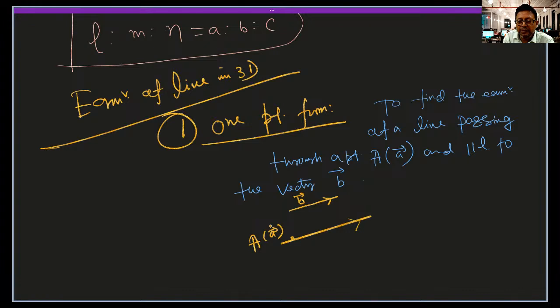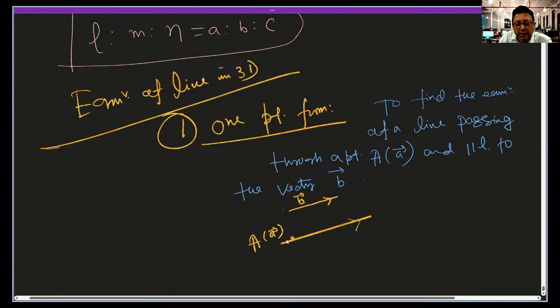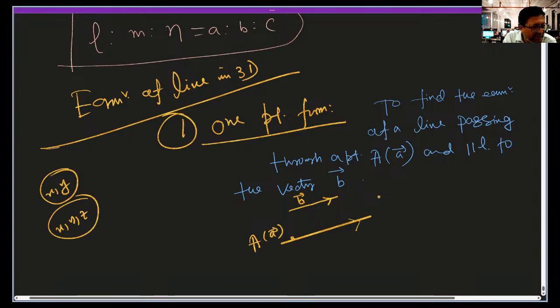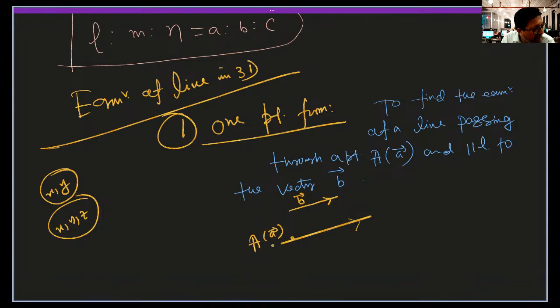We have to write the equation of this line. In 2D it is based on x and y; in 3D it will be x, y, z. We are going to discuss line in 3D.